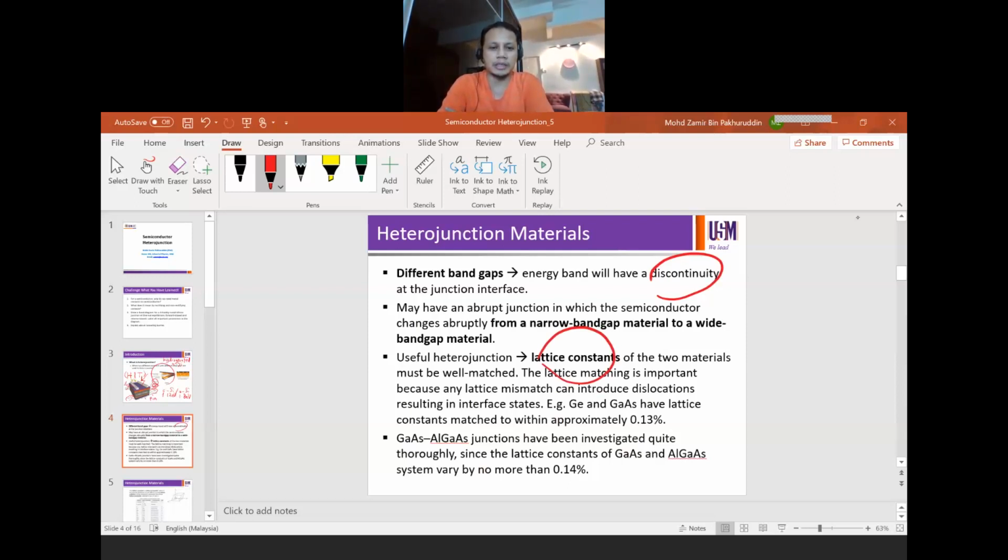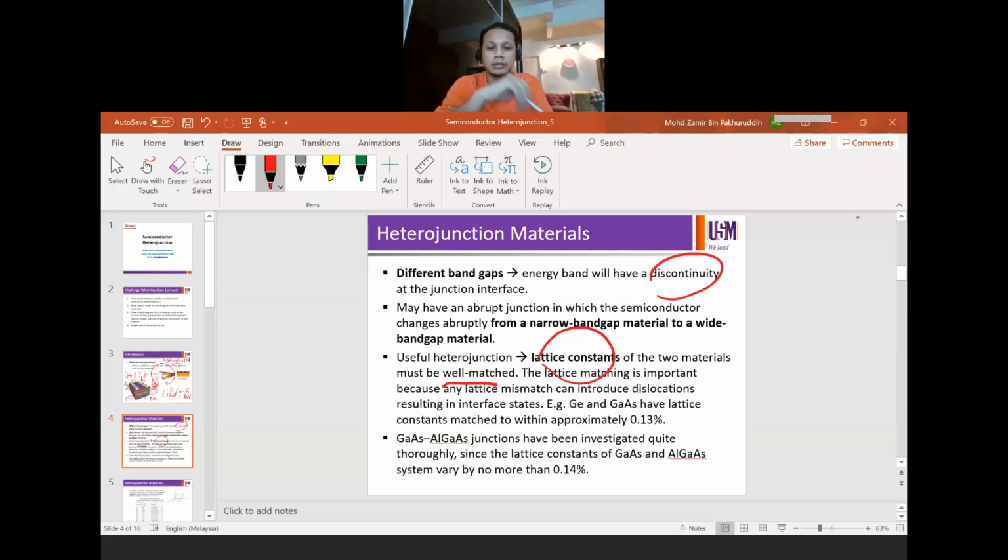The key here is you need to ensure good lattice matching between the two materials, because they are now of different band gaps, so they normally have different lattice parameters, and therefore they won't sit properly. The top layer wouldn't sit properly on the bottom layer, resulting in some dislocation. I'll show you later on.